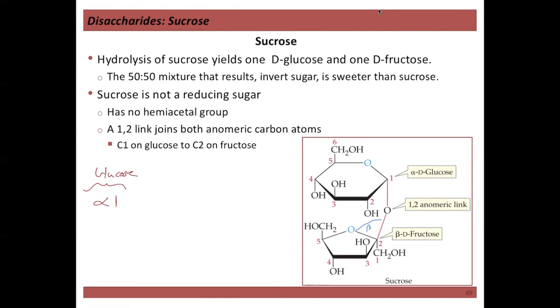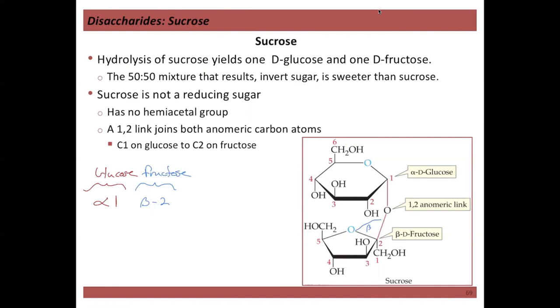So this is an alpha 1, beta 2 linkage. And it's beta 2 on the fructose. It's not very common to have anomeric carbons linked to anomeric carbons, and sucrose is, in fact, the only example that we're going to look at here.